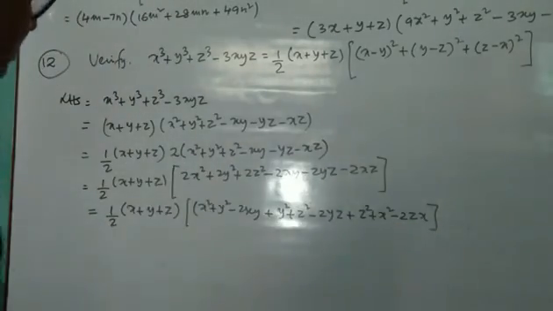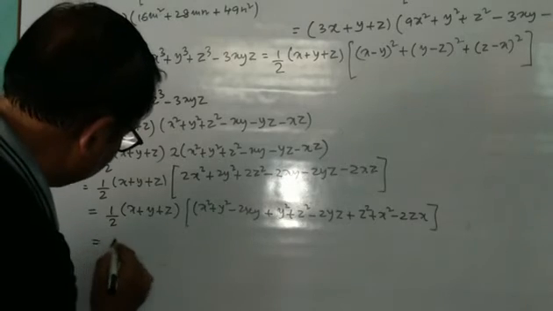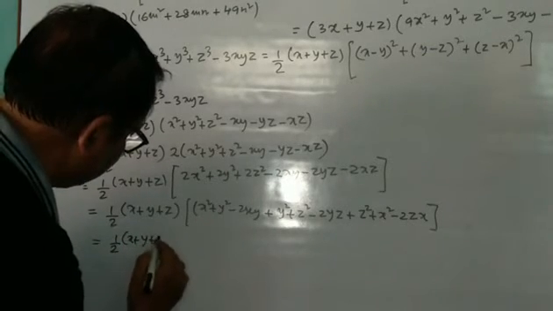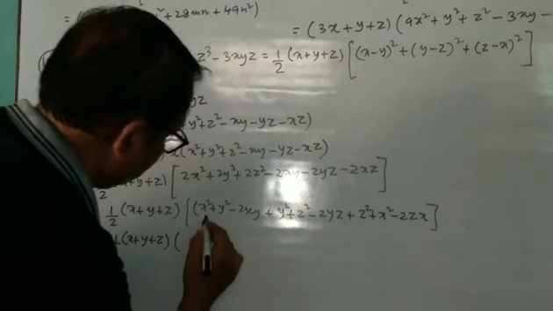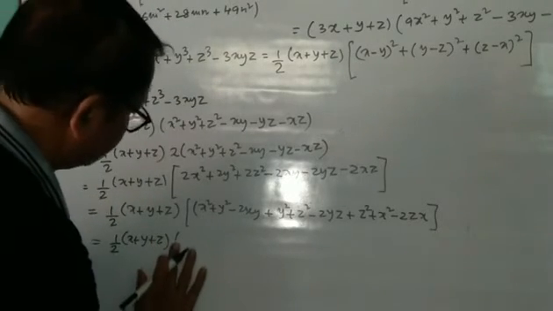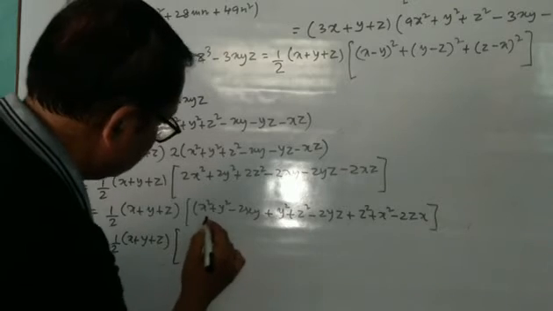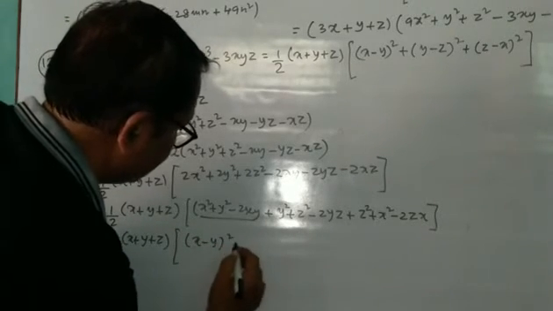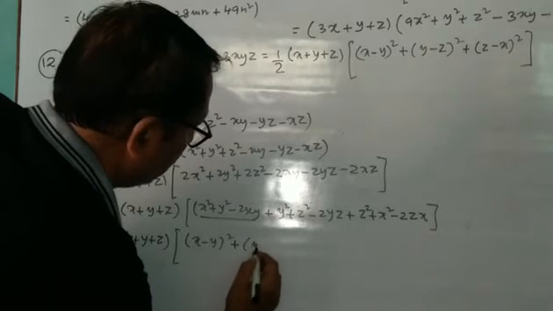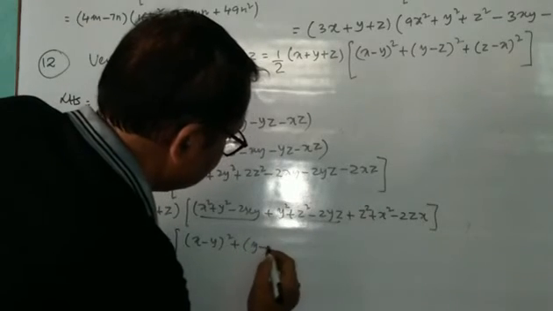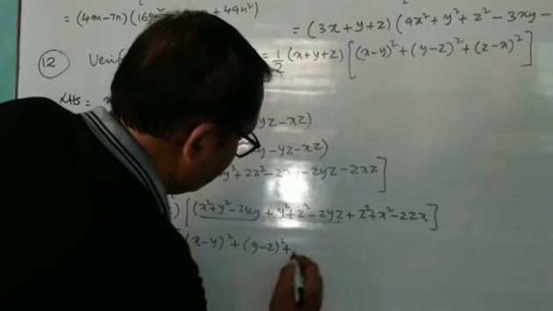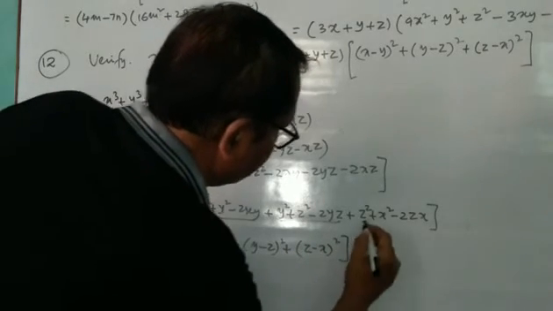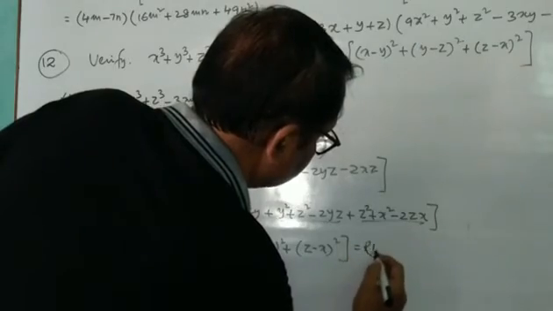Simply we have rearranged the thing so that we will get 1 by 2 (x plus y plus z), and carefully see, this will give us (x minus y) whole square plus (y minus z) whole square plus (z minus x) whole square equals RHS.